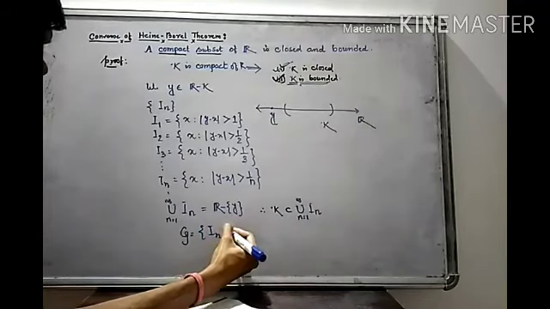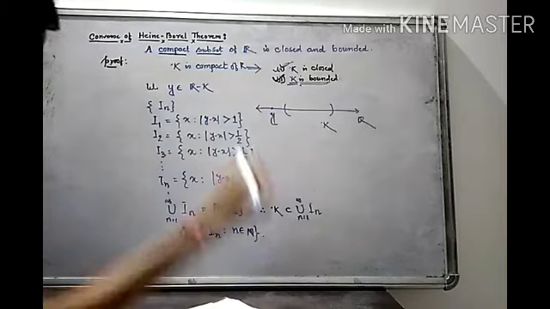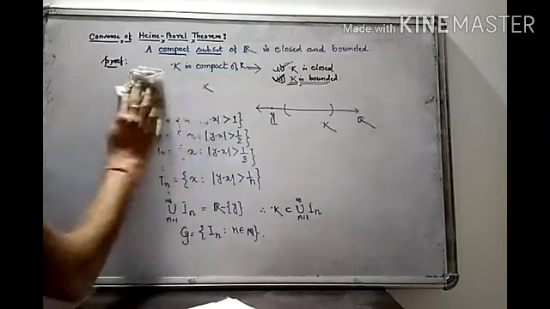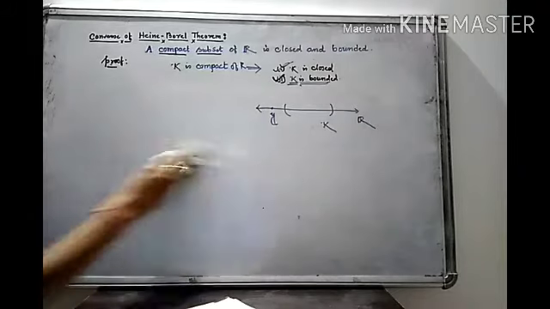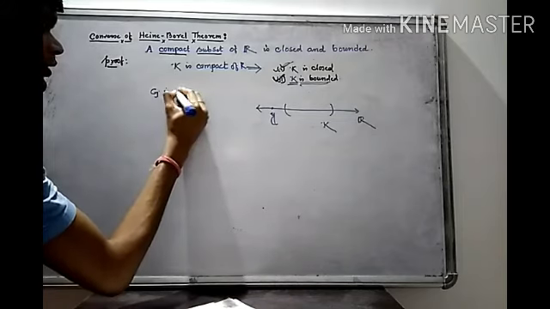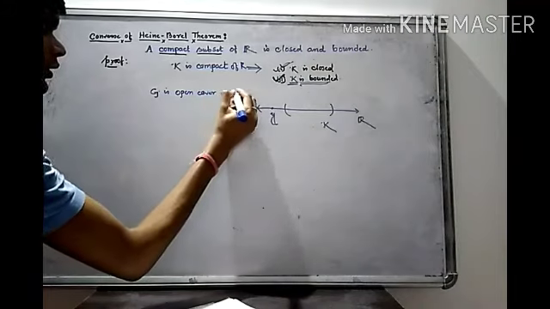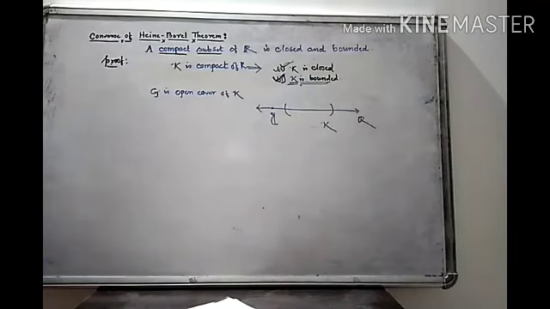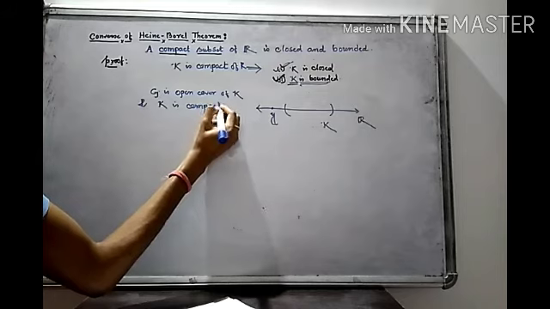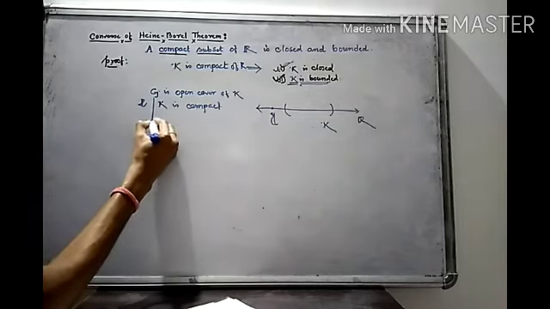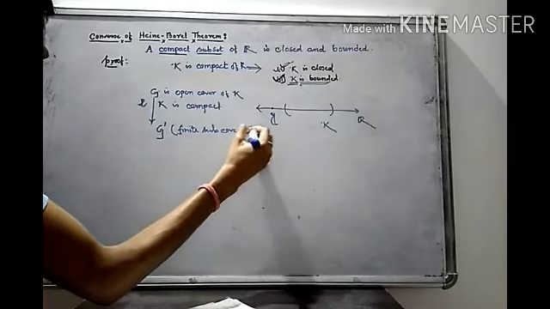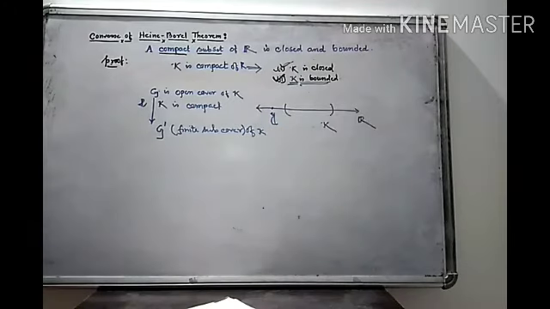Script G is the set of all In such that n belongs to the set of natural numbers N. Then from here we can easily say that script G is an open cover of K. This is the open cover of K. Now if this is an open cover of K and K is a compact set, then we have a finite subcover of K from this script G.